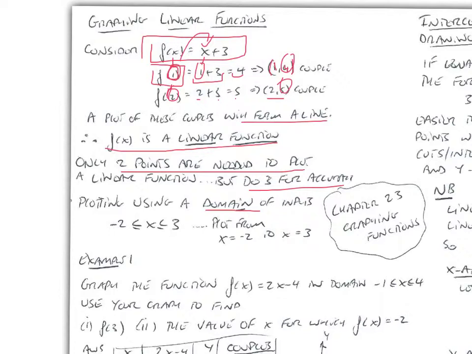Sometimes it might look like this, where x is greater than or equal to minus 2, less than or equal to 3. That means we would put values in of minus 2, minus 1, 0, 1, 2, 3, and see what values they generate for y, to give us a list of couples or ordered pairs that we'd plot.